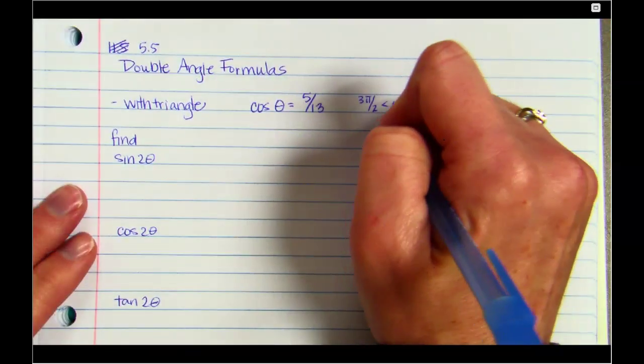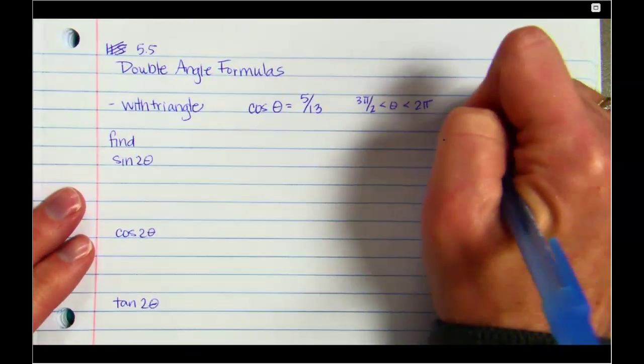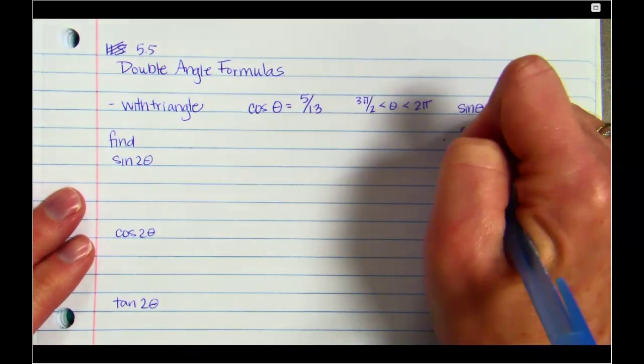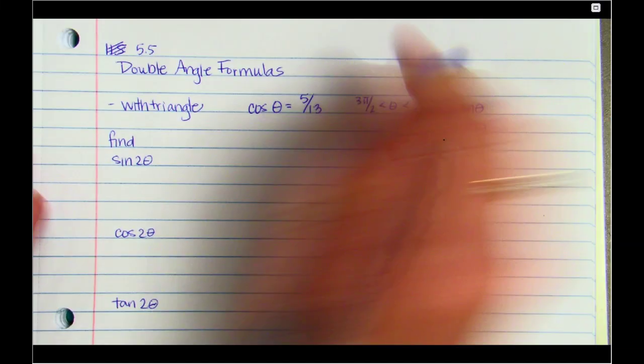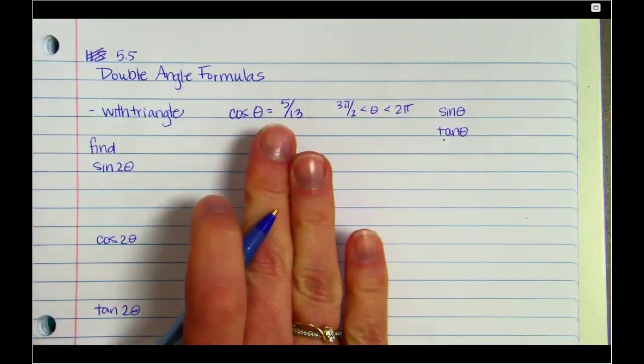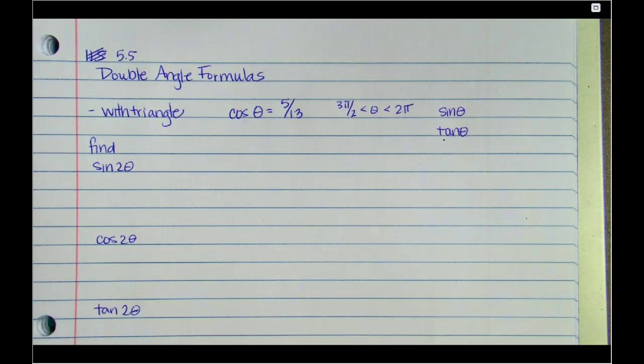Before I do anything else, I want you to find the sine of theta and the tangent of theta for me. Not these, but from the original. Fourth quadrant, that's what I meant.